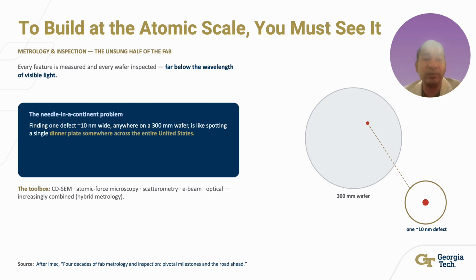Engineers use the whole toolbox we met earlier, the CD-SEM, AFM, scatterometry, and more, often combined together. This is really why the next trend exists. Measuring everything directly is expensive, so we look for a smarter way.